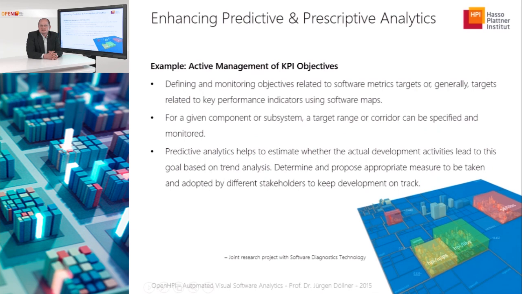Predictive analytics helps to estimate whether the actual development activities lead to this goal based on a kind of trend analysis. It also determines and proposes appropriate measures to be taken and adopted by different stakeholders to keep the development on track. So this is a prescriptive part, for example, to reduce the McCabe complexity.